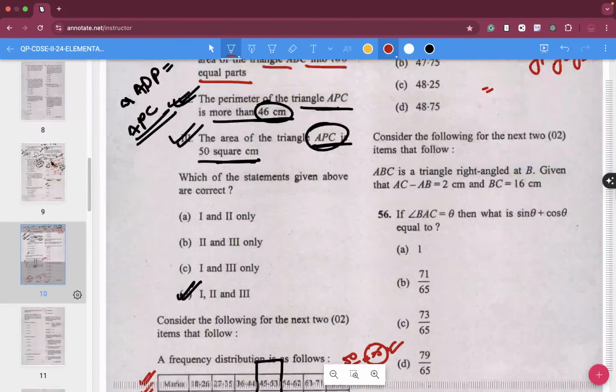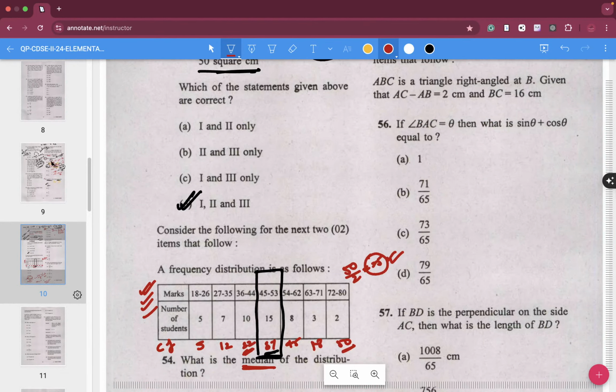Now how do you derive which one is the modal class? The modal class is the class in which there is the highest number of observations. So this itself is your modal class as well.